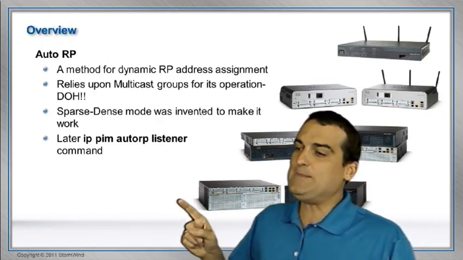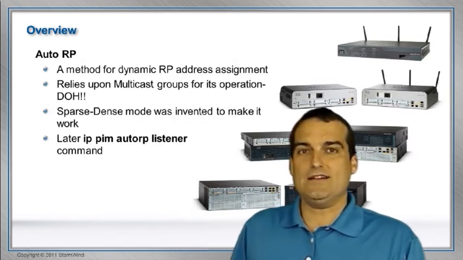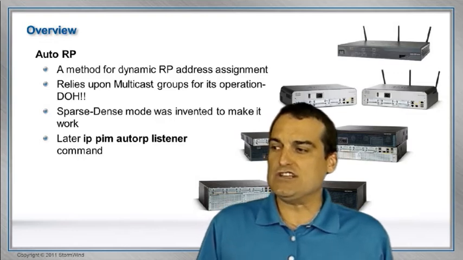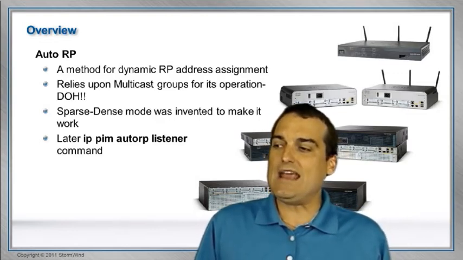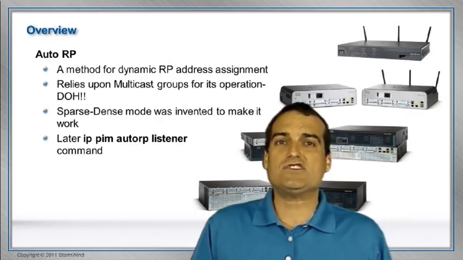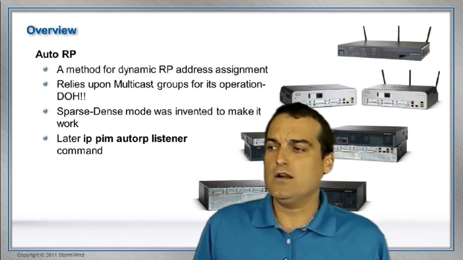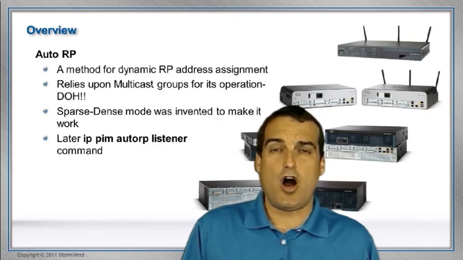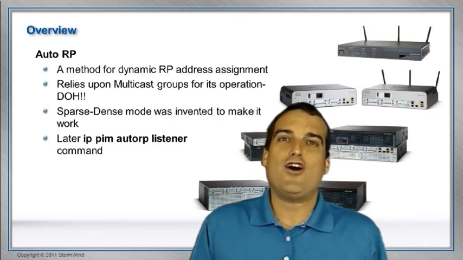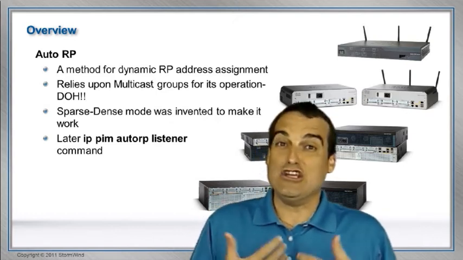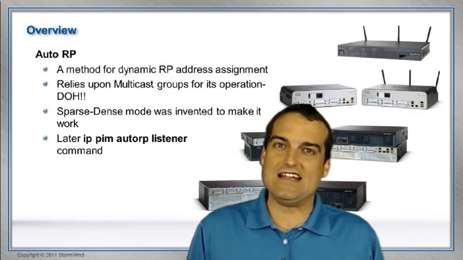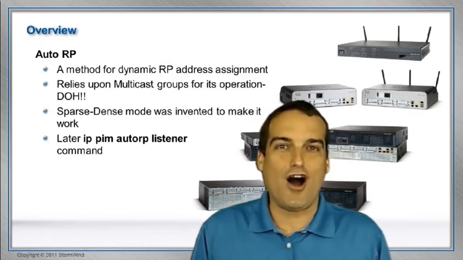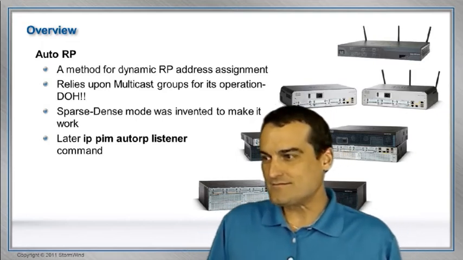It's the ip pim autorp listener command. So the ultimate solution for production environments is to utilize sparse mode everywhere, and then utilize your ip pim autorp listener command on all of your devices. You don't have to do sparse-dense anymore in order to accommodate your AutoRP.